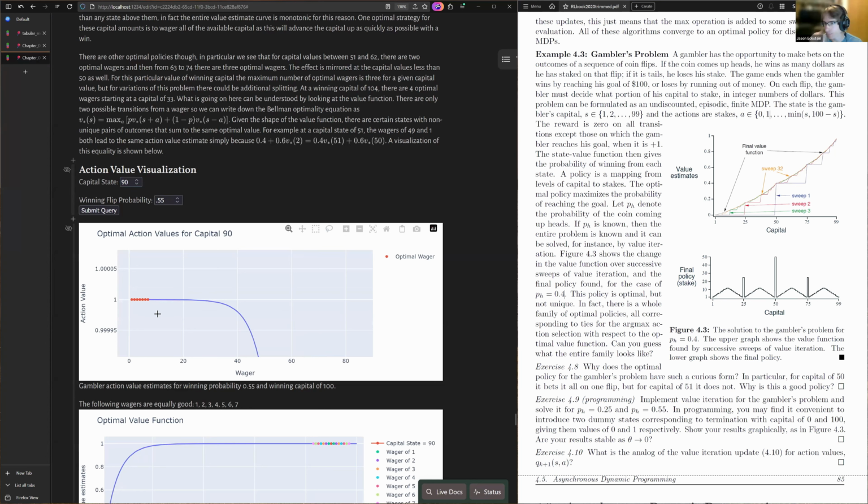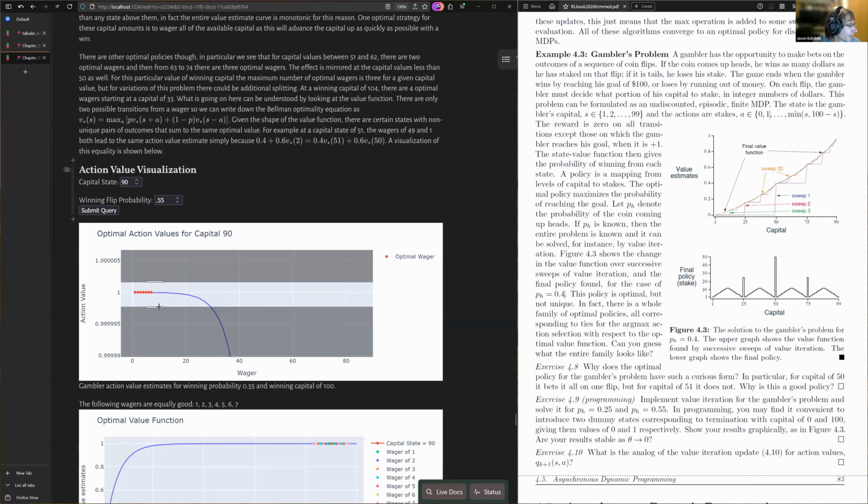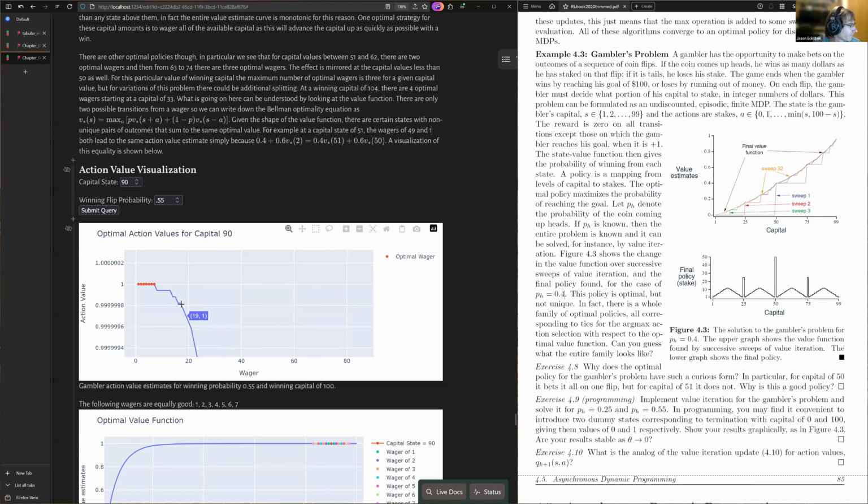You could probably prove somehow that this curve is strictly increasing out to here, even though it appears to be flattening out. See here, these jumps in value. That being said, some of these jumps that you see in the solution are actually because of the discrete nature of the problem, not because of the numerical precision.